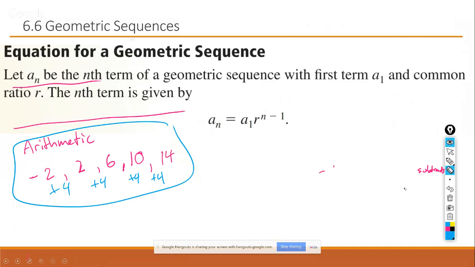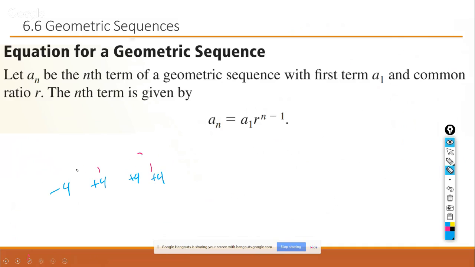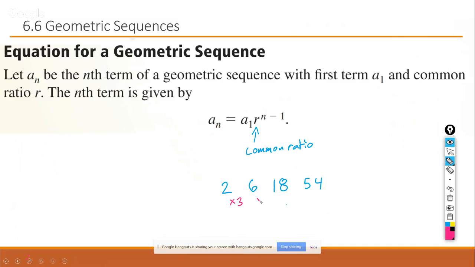There's a formula to get the future terms, just like we had one for arithmetic series, there's one for geometric. So your common ratio is the number that's being multiplied by everything, and that's R. R is your common ratio. So if I had like 2, 6, 18, 54, these are all getting multiplied by 3.